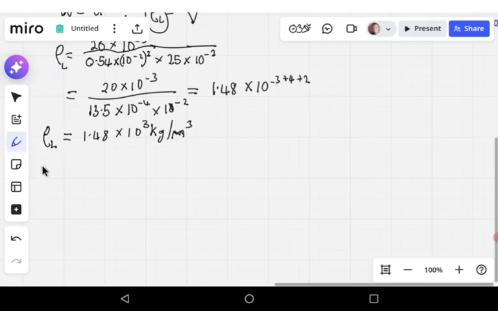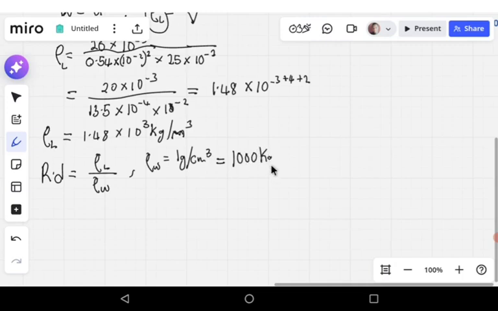Now relative density is density of that liquid over density of water, and we're given a density of water to be 1 gram per cm cube, which is the same thing as 1000 kilogram per meter cube.